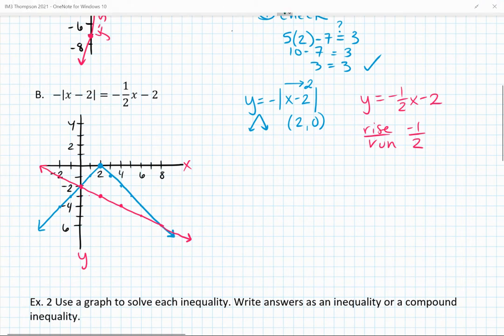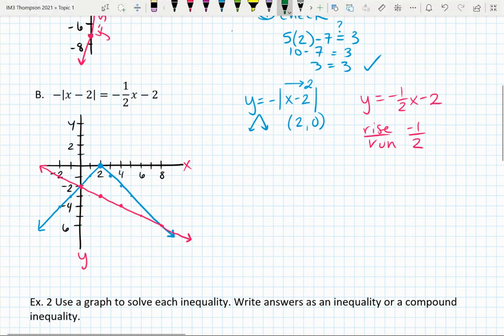All right, 2 really good looking graphs. Now I want the points of intersection. I'm going to label these. Y is equal to negative absolute value of x minus 2. Y is equal to -1/2 x minus 2.